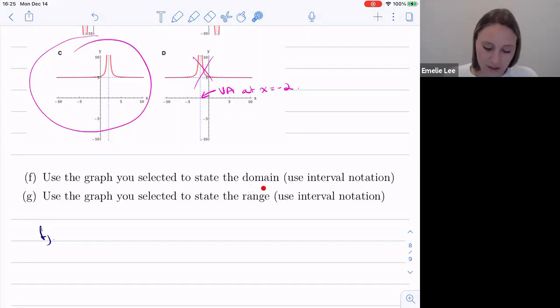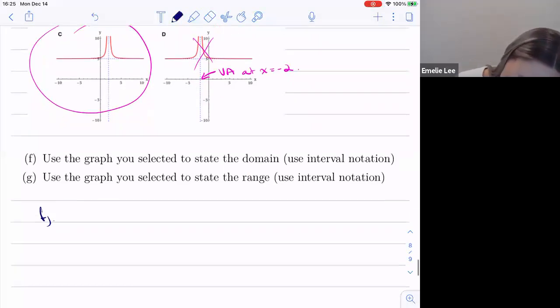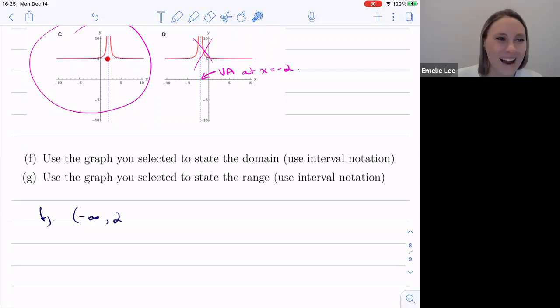So here, even if you picked D, and you told me that the domain was from -infinity to -2, and then picking up again at -2 to +infinity, I'd be okay with that because that's the graph you chose. In this case, we're going from -infinity to +2. We're doing the proper one.